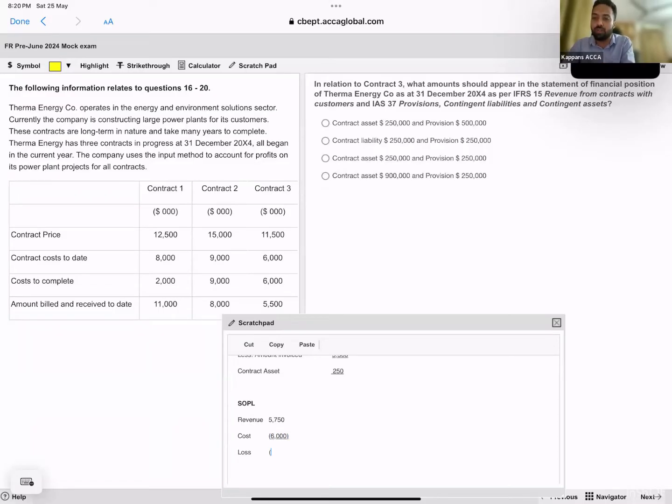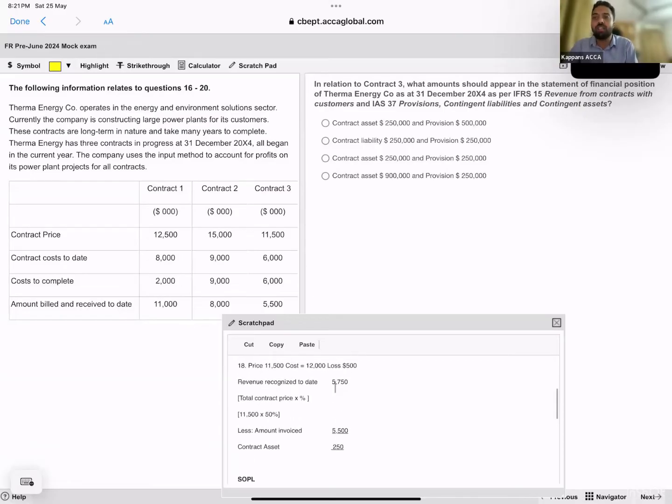There is a loss of 250 already recognized. So the total loss to be recognized is 500,000. Out of that 250 is recognized, so 250,000 more is to be recorded. So the answer will be contract asset 250,000 and provision of 250,000. Option C would be the answer.